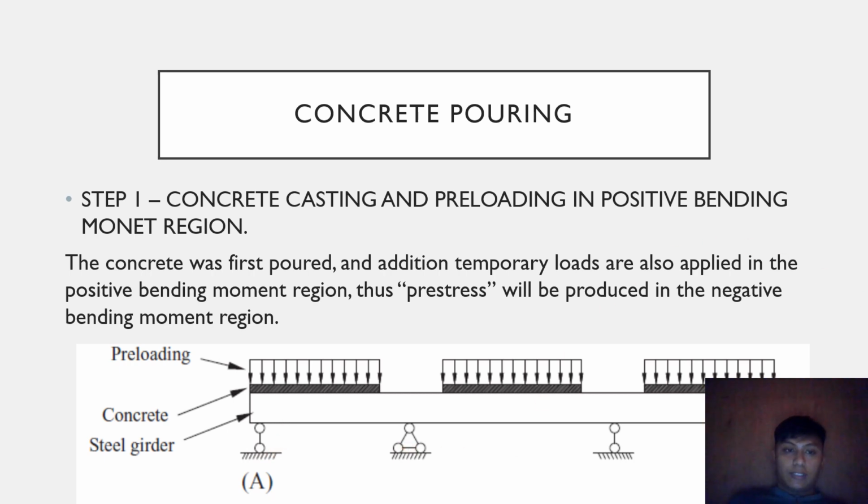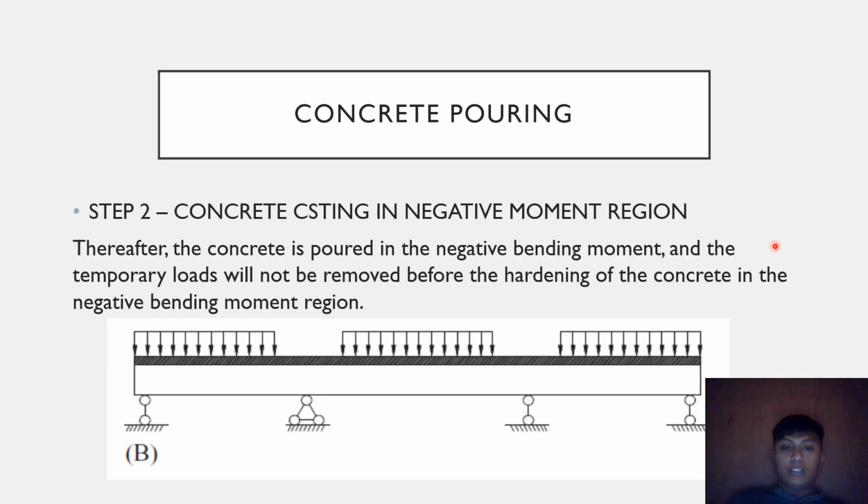The next step is the concrete casting in the negative moment region. After the first step, the concrete is poured in the negative bending moment region, and the temporary loads will not be removed before the hardening of the concrete in the negative bending region.